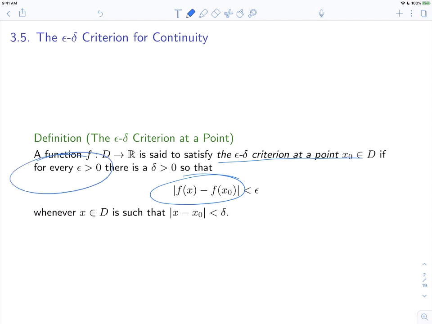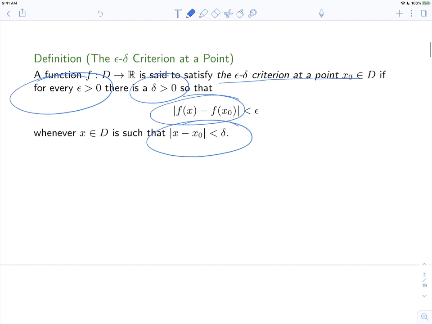An epsilon greater than 0 is specified, and we want to find a delta greater than 0 so that the distance between the output values, f at x and f at x0, is less than that specified epsilon whenever x is a point in the domain so close to the original x0 that the distance between them is less than delta. Let's look at a picture.